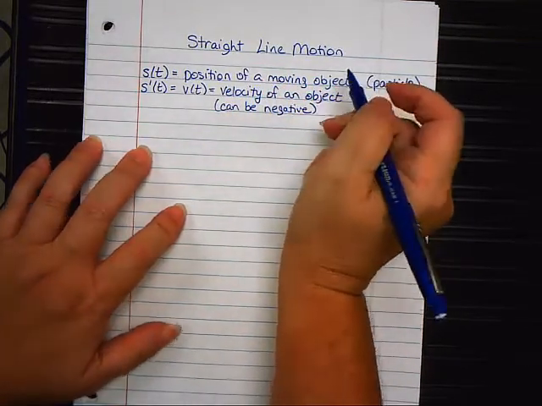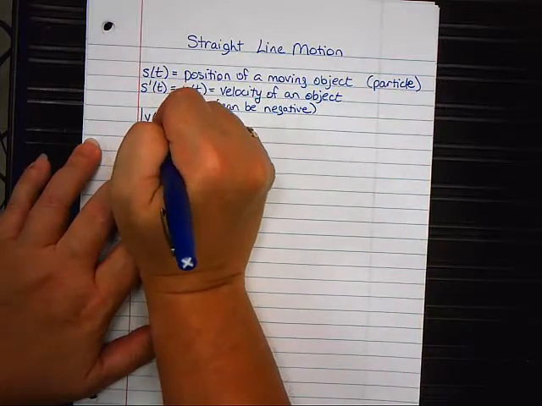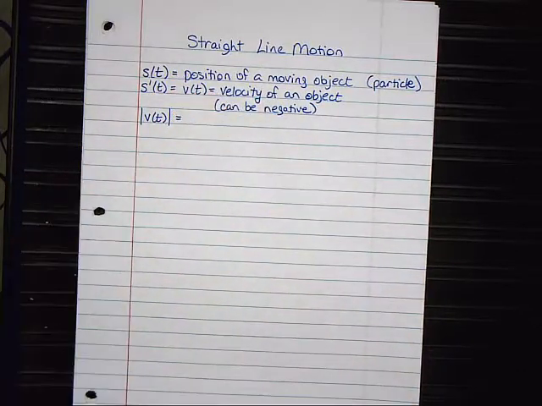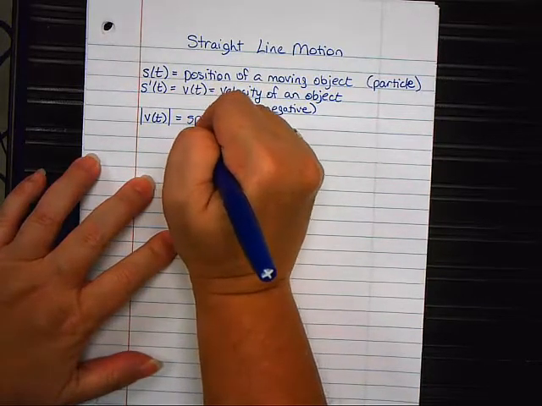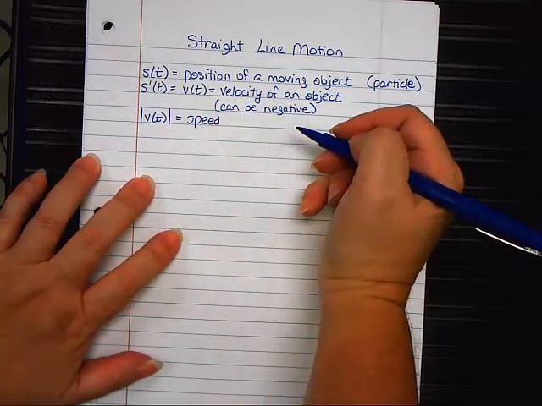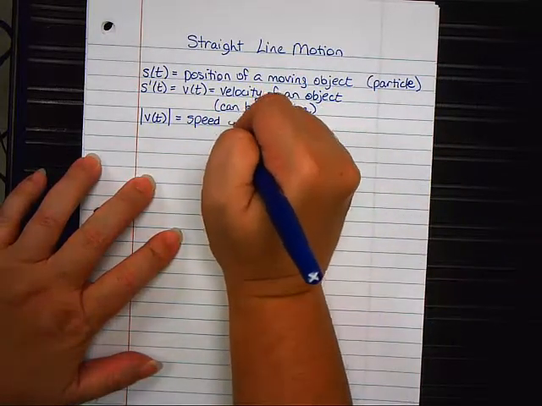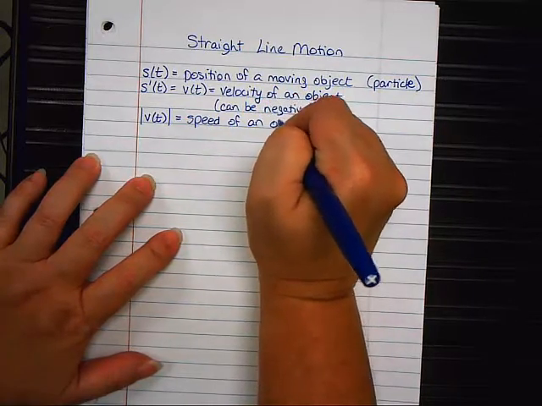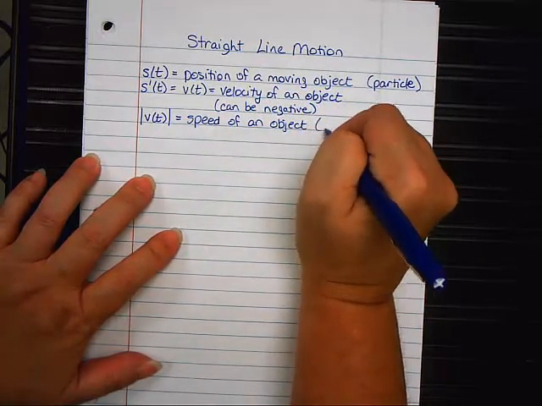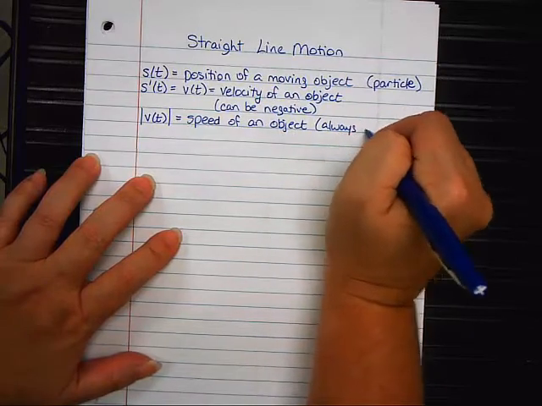Okay? Now, the next one is the absolute value of the velocity. Speed. And that happens to be speed. Because speed is velocity when you don't take the direction into consideration. It is the speed of an object. And it is always positive.